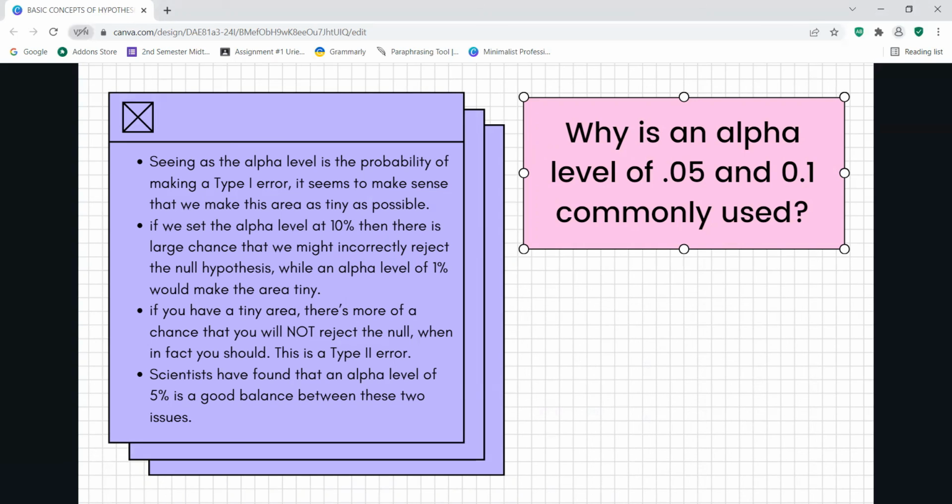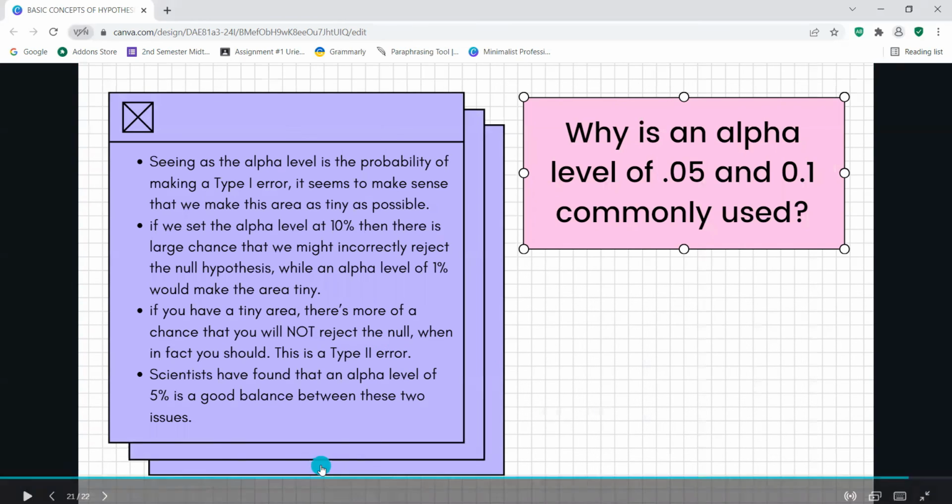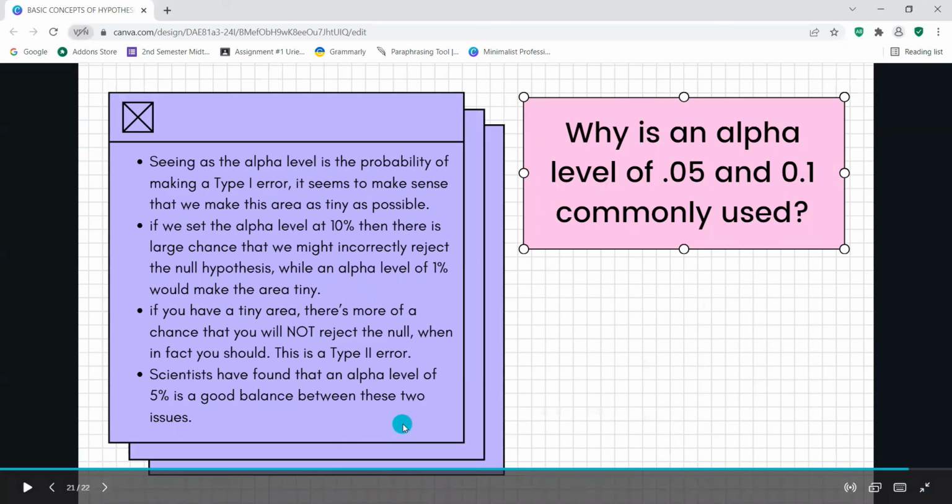The smaller the alpha level, the smaller the area where you would reject the null hypothesis. If you have a tiny area, there's more of a chance that you will not reject the null when in fact you should. This is a type 2 error. In other words, the more you try to avoid the type 1 error, the more likely a type 2 error could creep in. Scientists have found that an alpha level of 5% is a good balance between these two issues.